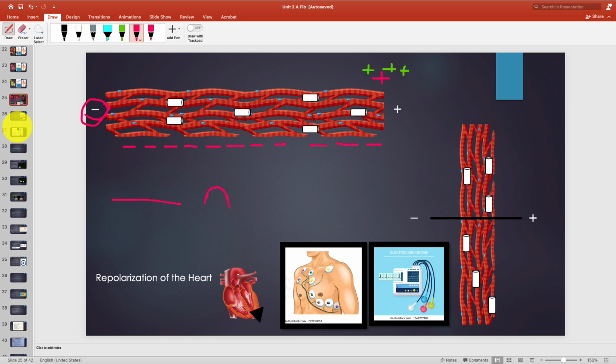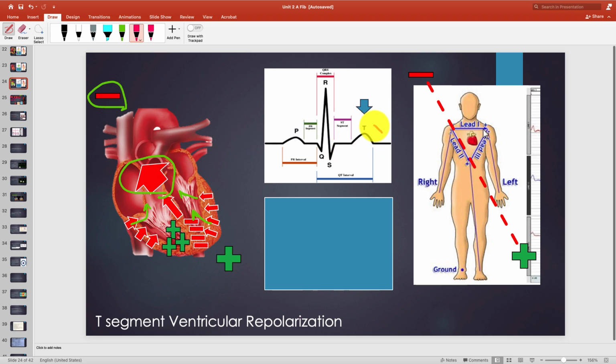The reason I'm trying to show you that, and I put notes in there where I made the mistake, is because when we get to the T wave here, the reason we have this spike is, let me erase all this and clean it up. Just like what I showed you previously, we had all this positive stuff here, and now the positive stuff is going to repolarize, which means it's going to become more negative, and it's going to start moving upward towards this electrode.